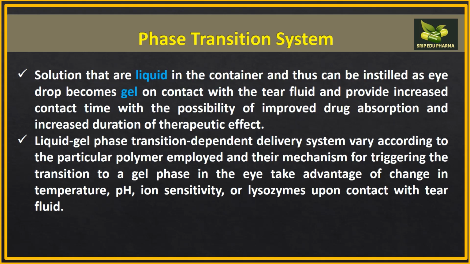Here you could see that a liquid-gel phase transition dependent delivery system is there, which varies according to the particular polymer employed and their mechanism for triggering the transition to a gel phase in the eye. They take advantage of change in temperature, pH, ion sensitivity or lysozymes upon contact with tear fluid.